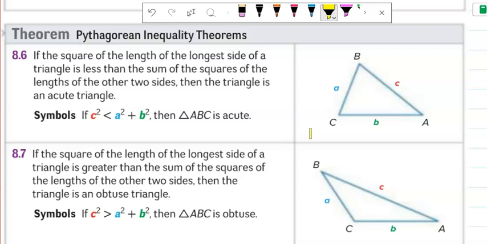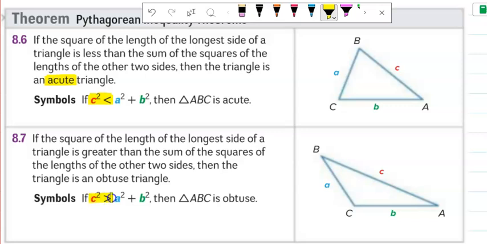If the c squared is smaller, that's how you read that inequality, it's going to produce an acute triangle. But if the c squared is greater than a squared plus b squared, it's going to show an obtuse triangle, where that c is going to stretch the figure into a bigger angle.